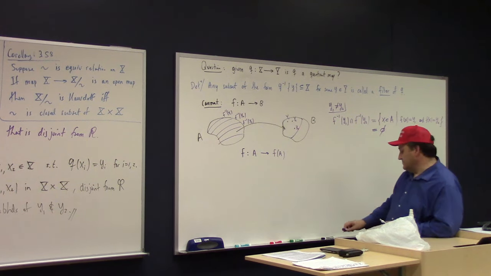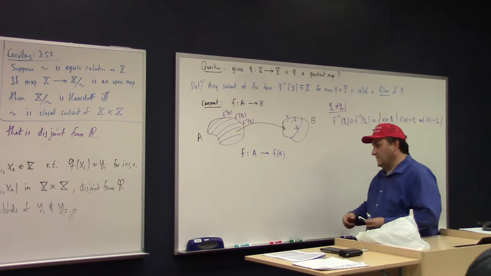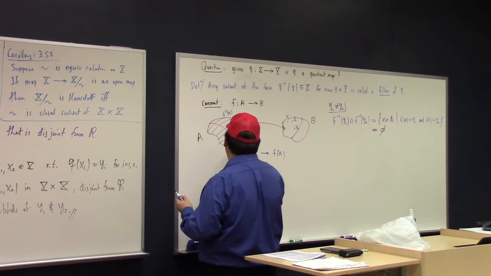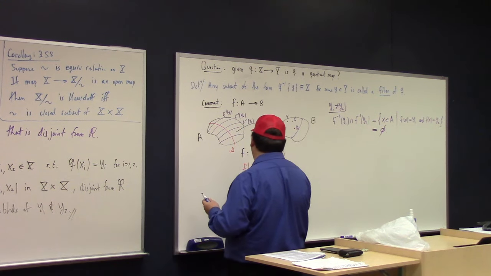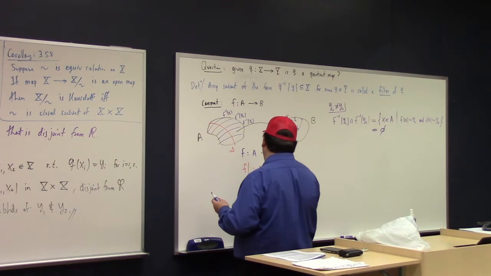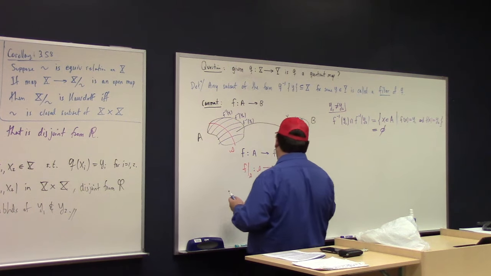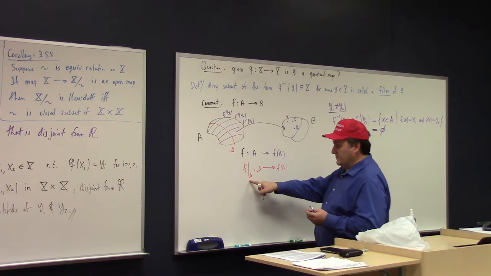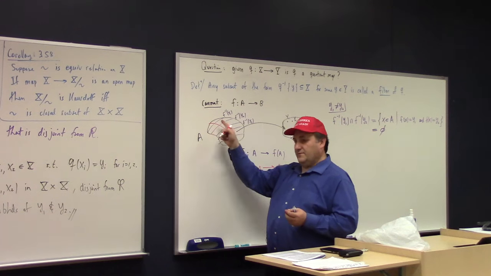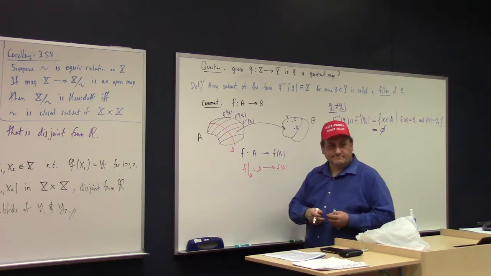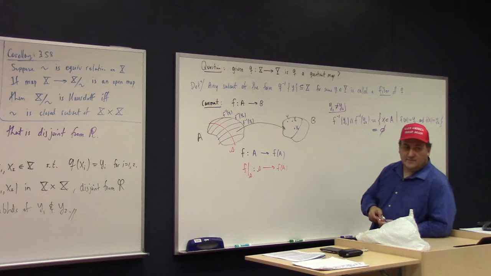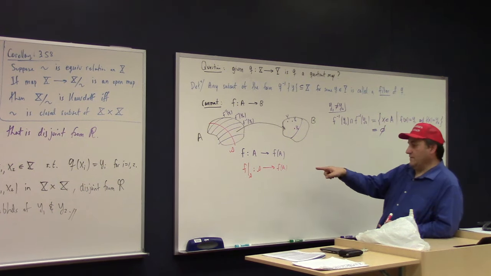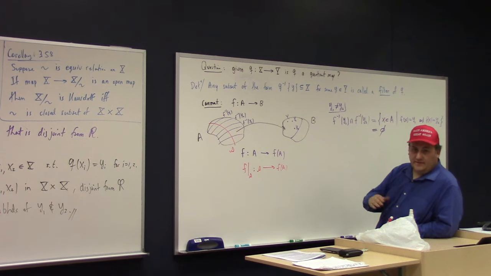So one way I can do it is I can use the axiom of choice, and I can select what's called a cross-section, S, and then F restricted to the cross-section, where the cross-section is you're just picking one point from each fiber, right? I can do that by the axiom of choice. So if I select a cross-section and I trade out my domain for the cross-section, then I've got a bijection.